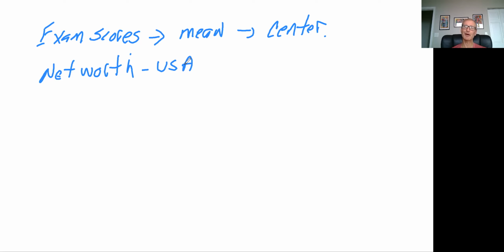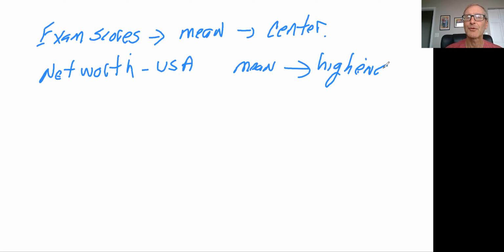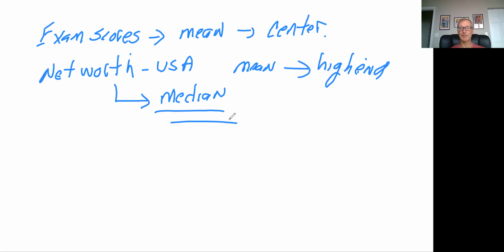So if you use them and add everything up, they're going to skew the mean to the high end. So in this case, where there are real heavy extremes, median is a much better measure of the central tendency.